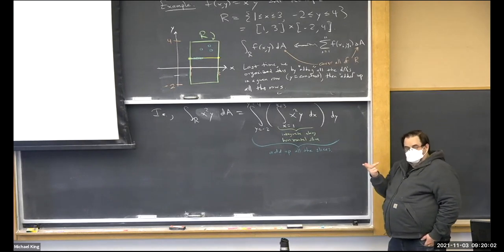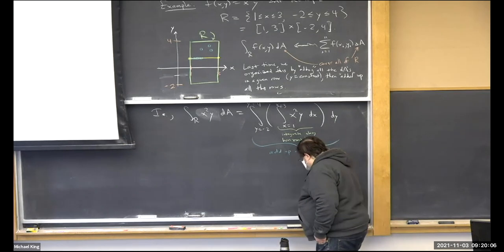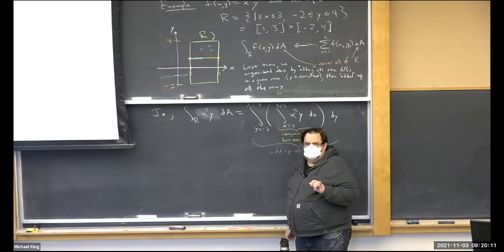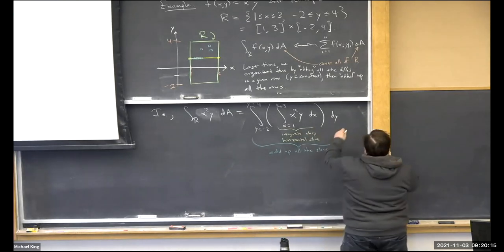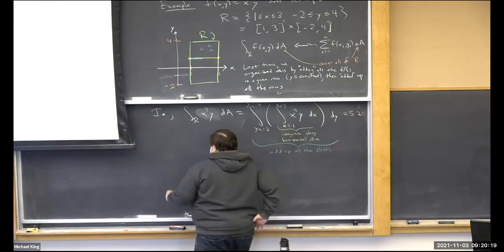Now we could have done it the other way. What did we get, by the way, when we did this? We got a number, right? Did I finish off? Yeah, we got a whole number, right? What's that? 52. So if you work this out, it equals 52. We could slice the other way.